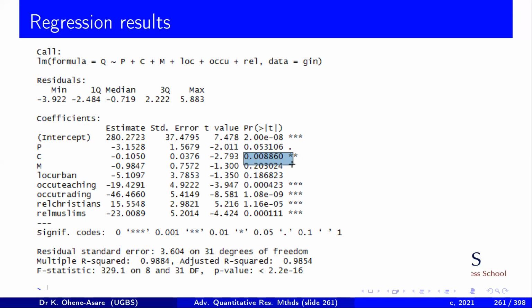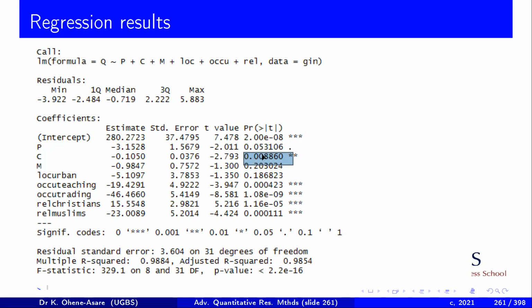Anytime the p-value is less than 5%, that is, less than 0.05, it means that the estimate of the variable is significant, and you want to note that down.